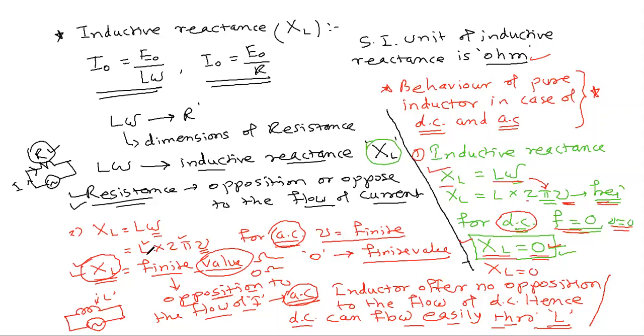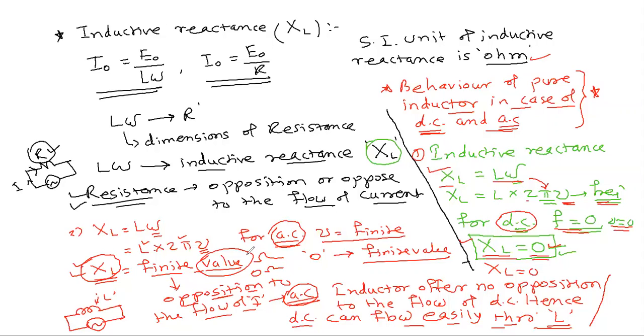That is the difference between the behavior of the inductor in case of AC and DC. In case of AC there is opposition to the flow of current; in case of DC, there is no opposition in an inductive circuit. That is the important relation we got.